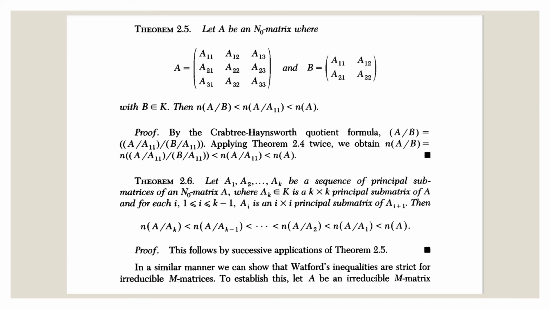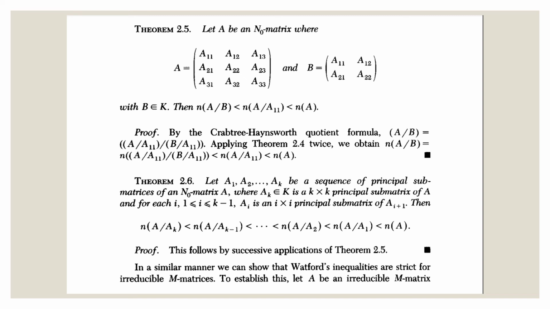Theorem 2.5. Let A be a non-zero matrix where A = [A11 A12 A13; A21 A22 A23; A31 A32 A33], and B = [A11 A12; A21 A22], with B being k×k.